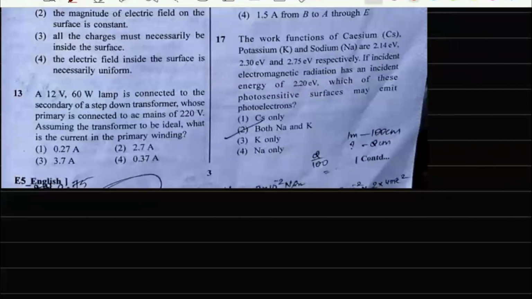So we are giving it an AC source, but this we usually consider as the RMS voltage, like DC voltage. Anyway, the primary is connected to the AC mains of 220 volts. Assuming the transformer to be ideal, what is the current in the primary winding?